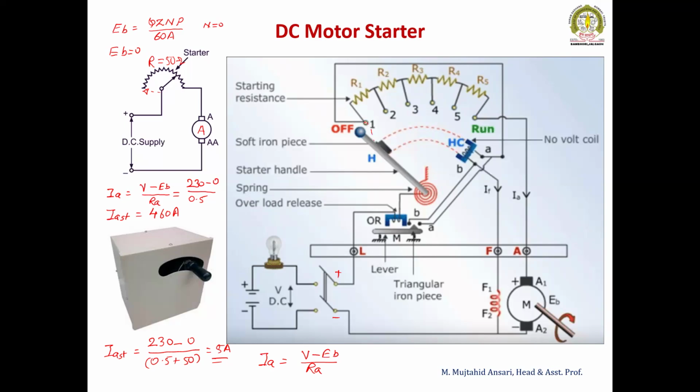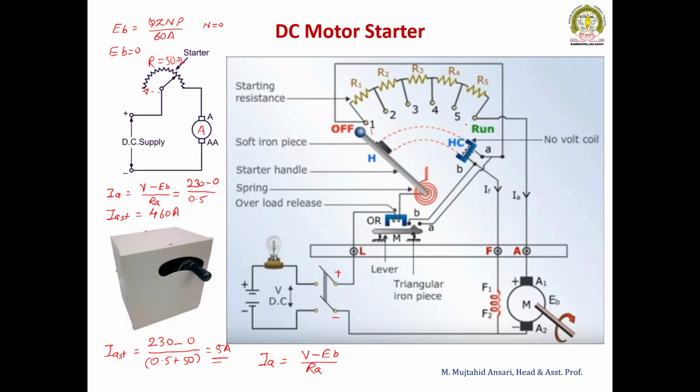Once the motor picks up speed, we gradually move the handle from position 1 to 2, so that resistance R1 is cut out. Now the speed of the motor increases. We then move the handle to positions 2, 3, 4 and till its run position.